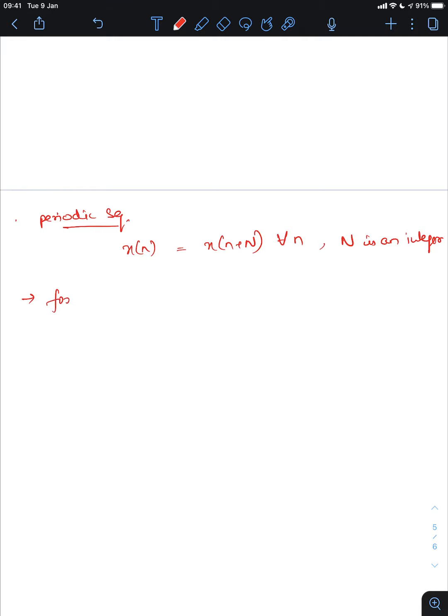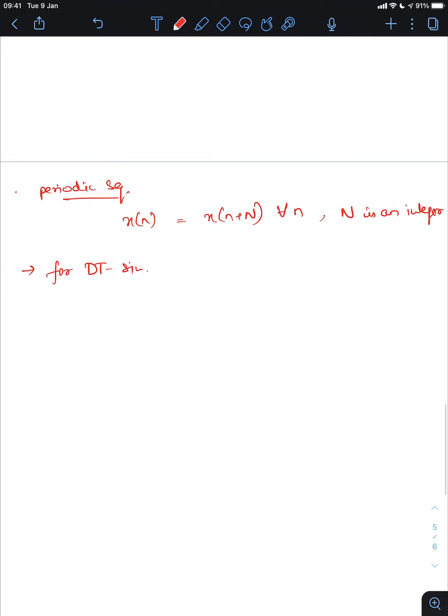Right? So for discrete time sinusoids, the one we had seen earlier, if I replace the time index n by n plus capital N, initially we saw a cos(omega naught n plus 5). If the signal is periodic, it should be equal, so a cos(omega naught n plus omega naught capital N plus 5).